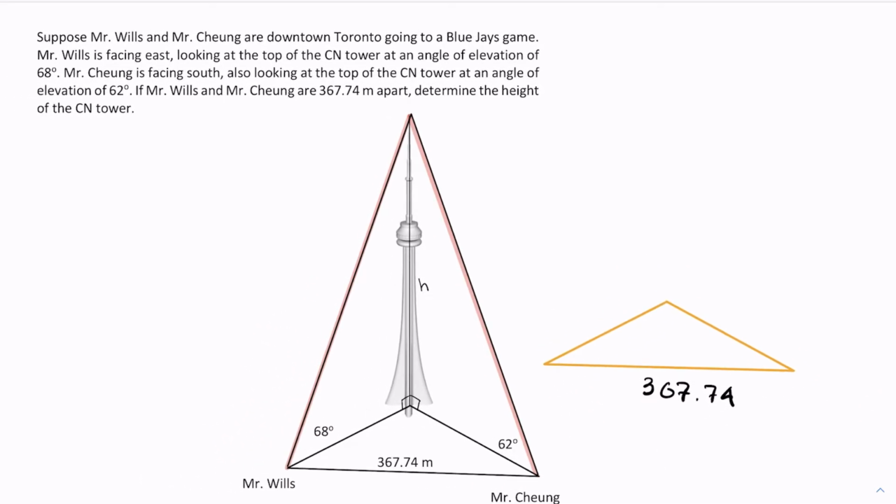When I said the words, I literally meant, look at the direction he's facing, east. Look at the direction Mr. Chung is facing, south.